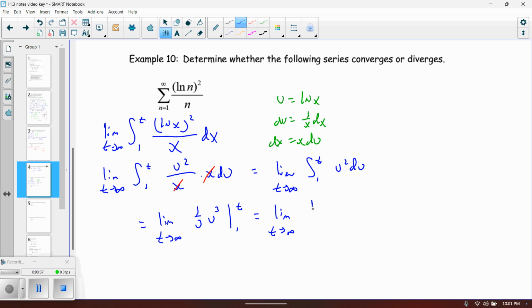So we'll have 1 over 3, times the natural log of x cubed from 1 to t. So then if we plug in t, we're going to get 1/3 the natural log of t cubed minus 1/3 of the natural log of 1, which is 0.